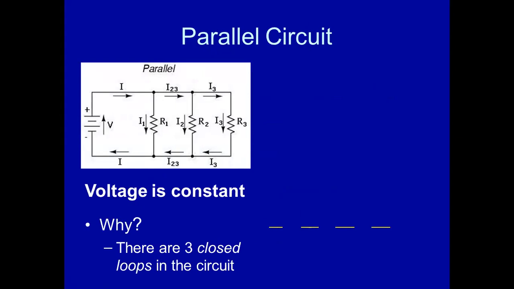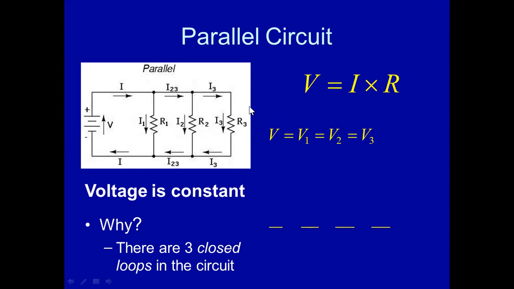So why is the voltage held constant? There are three closed loops in a parallel circuit. Okay. Your V now would be equal to the same if we're going to apply your Ohm's law as current multiplied with the resistance. And then your total voltage here would be equal to the individual voltages.